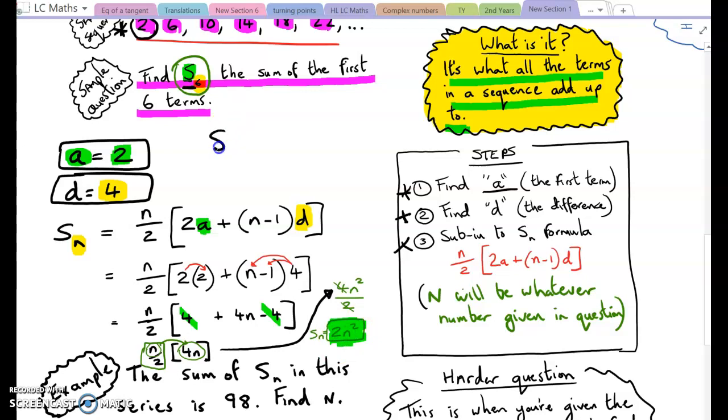So if Sn is equal to 2n squared, well, S6 would be equal to 2 times 6 squared. And when you type that into the calculator, you get 36 by 2 is 72. And that's what the first 6 terms add up to, 72.